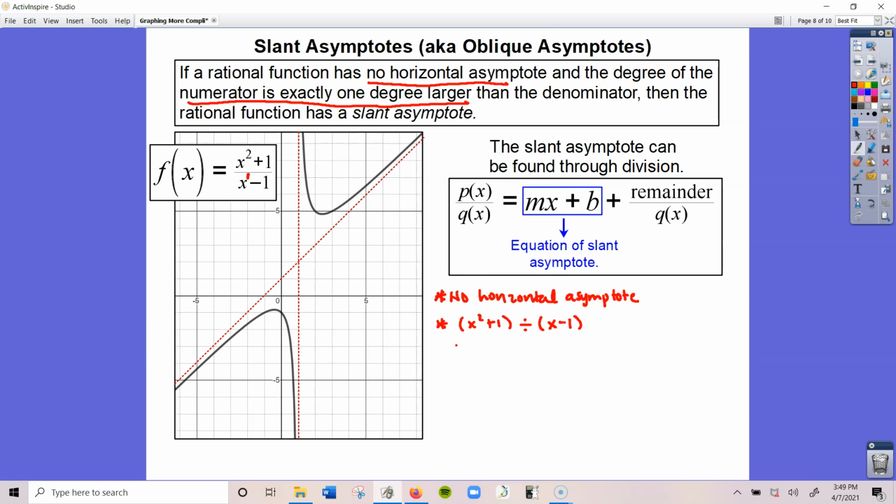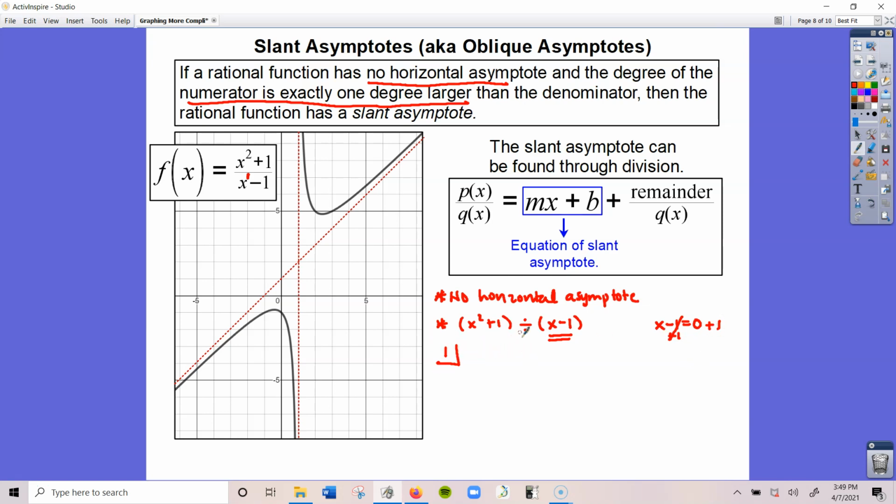When we're using synthetic division, you have to decide what number comes here in the box. Whatever number is added or subtracted to the x, you make it equal to 0 and solve, and you get 1. So basically just switch the sign of this number. Or you can just take x minus 1, make it equal to 0, solve, you get x is equal to 1. So that's what goes in the box.